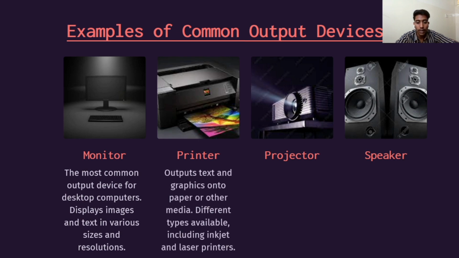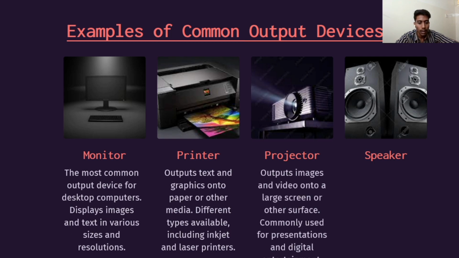Next, what is printer? It outputs text and graphics onto paper or other media. Different types of printers are also available, for example inkjet and laser printers. Next is projector. It outputs images and video onto a large screen or other surface, commonly used for presentations and digital entertainment.